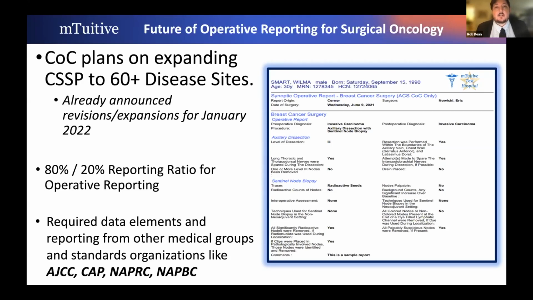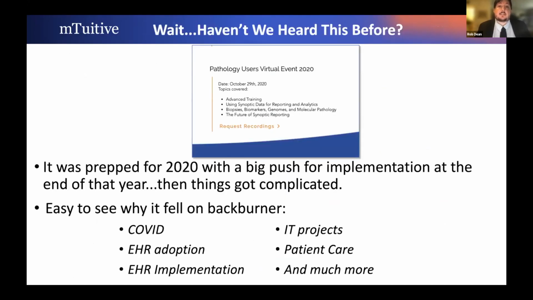Also, as they go along, they can add required elements from groups like the AJCC, CAP, NAPRC, and NAPBC, amongst others. As the Joint Commission and others put forth things they want to add for standards, those will be adopted too and rolled into it. Similar to ECCs, there will be revisions, updates, and changes yearly as they continue to expand to over 60 disease sites.